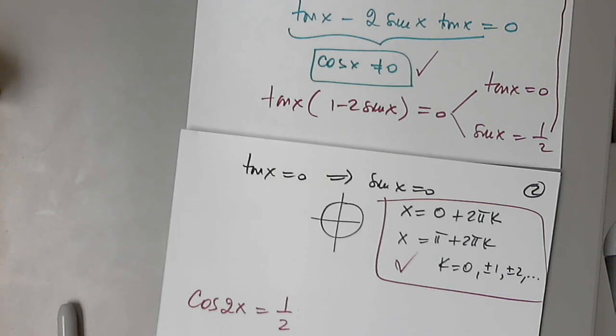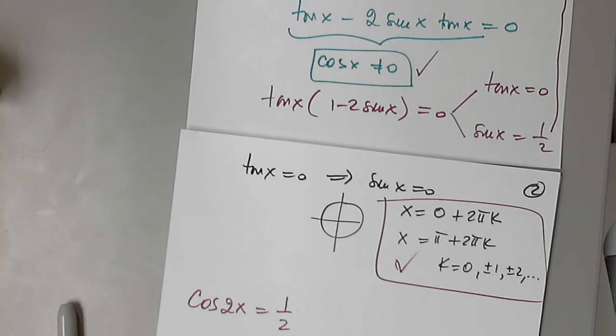I plug those angles in cosine. Cosine 0 is 1. Cosine pi is -1. Cosine pi over 6 is the square root of 3 over 2. Cosine 5 pi over 6 is negative the square root of 3 over 2. So none of these 4, they are infinitely many, but 4 distinct, make cosine 0.